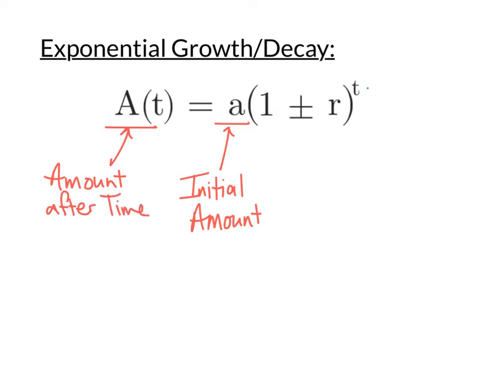Of course, that would mean that time is the t variable, and time can be measured in anything: days, hours, weeks. It doesn't matter. It depends on the context of the problem. The r would be the growth or decay rate.